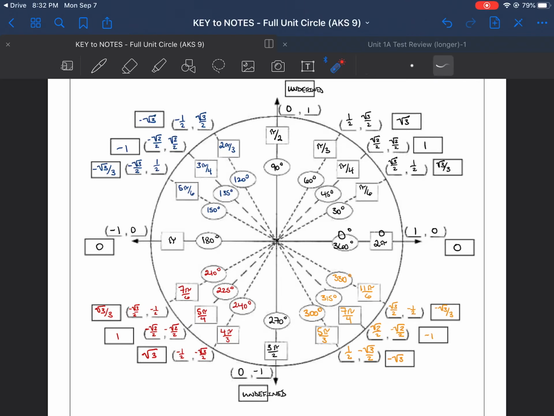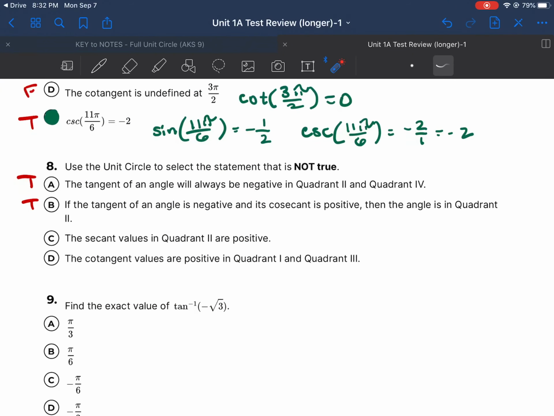So in quadrant 2, notice that the cosine values are all negative, which means that the secant values will also be negative. So this statement is actually false, because it says that the secant values are positive in quadrant 2 when they should actually be negative. All right, so there's our false statement.